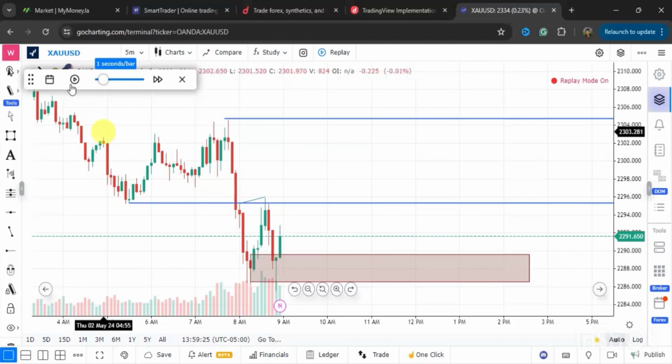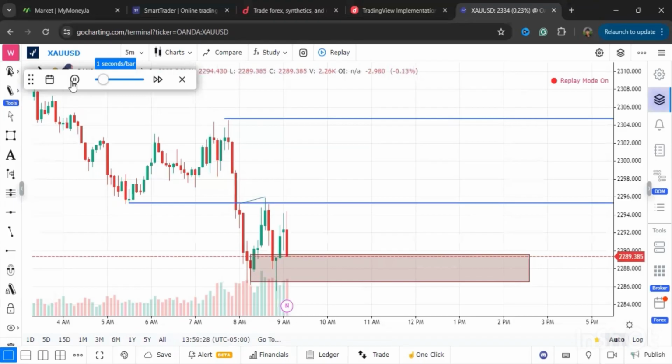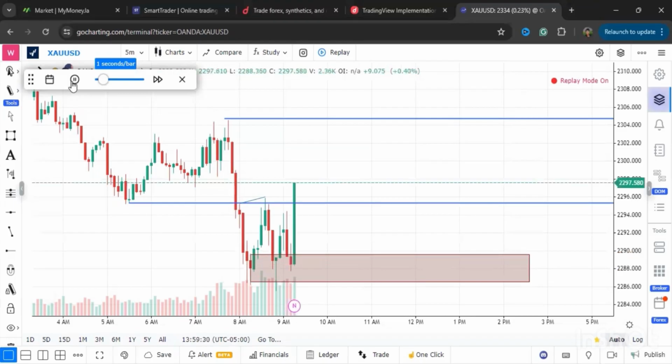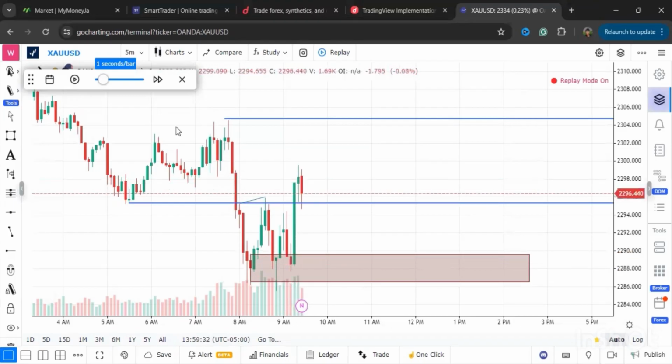Price came back, tapped in. We're gonna play it out. Tapped in again, boom, and it took off, right? So down here would be our entry, up here our target, right? So we wait until price swept liquidity, which is sell side liquidity, right? Then once we see that market structure shift or that change of character, right?